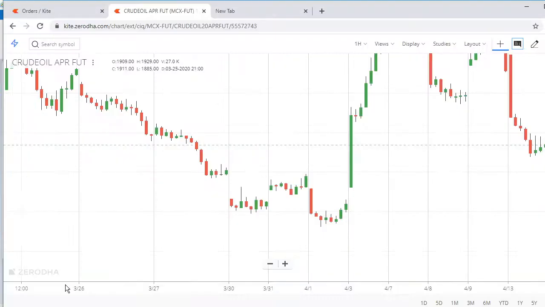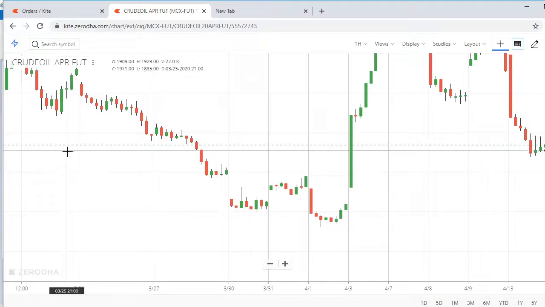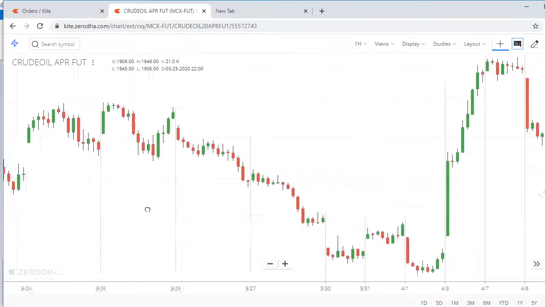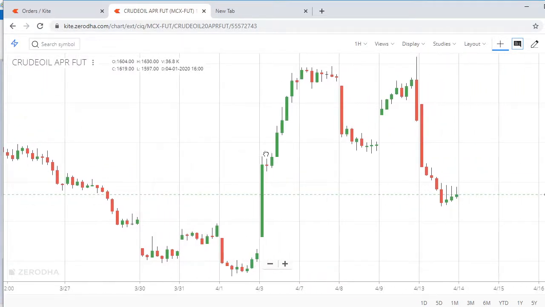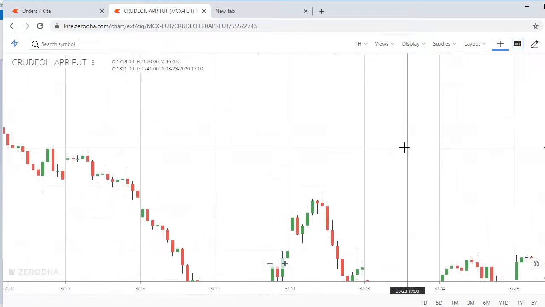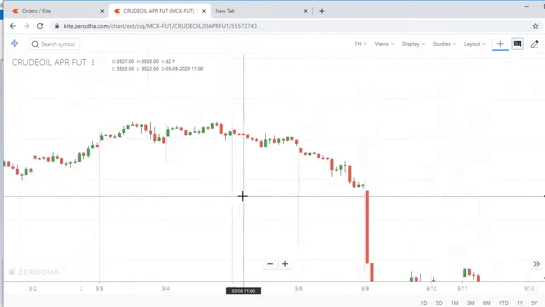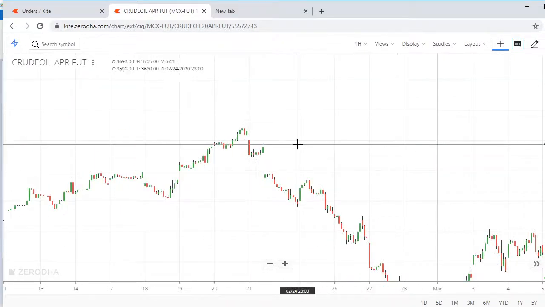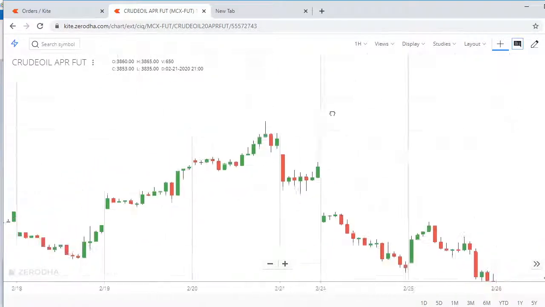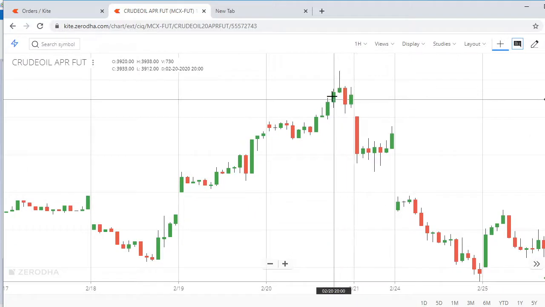Let's see in the chart. We'll try to find some example. Gravestone doji. See, look at this green candle.